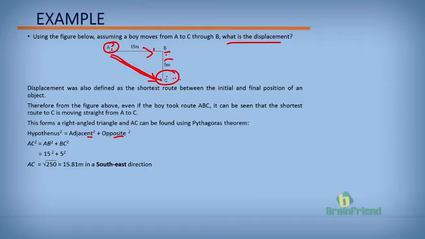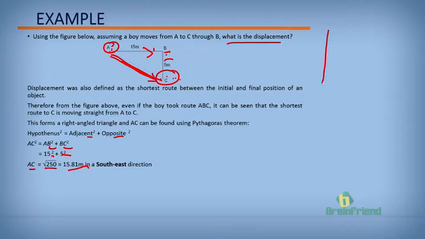So you make a summation. AB squared is 15 squared and BC squared gives us 5 squared. The square root of the summation of both of them gives us the square root of 250. That means AC is 15.81 meters.